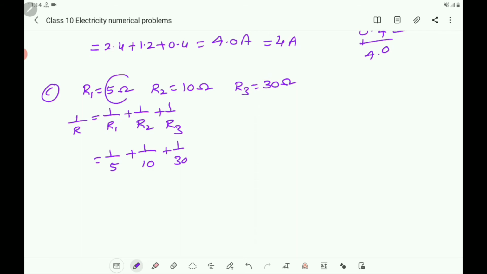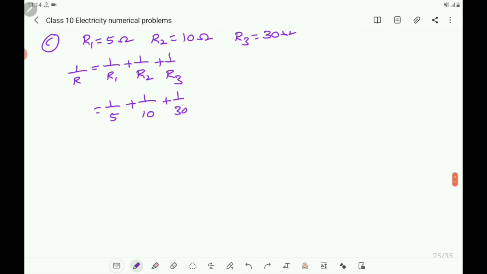So you got 1 by 5, 1 by 10, 1 by 30. Then you take the LCM. What is the LCM here? LCM of 5, 10, 30 is 30, because you know that 30 is in the table of 5 and 10. So you take 30.